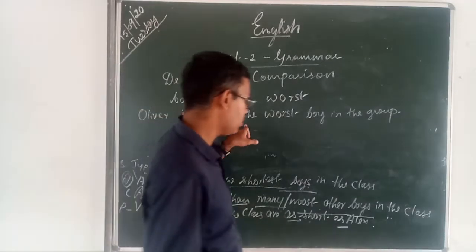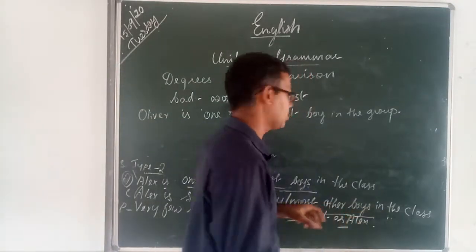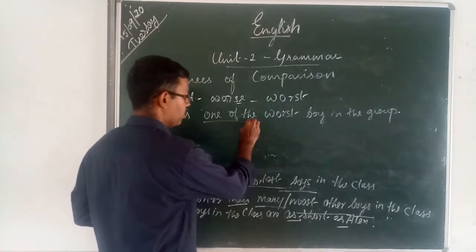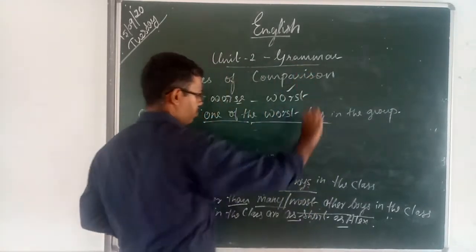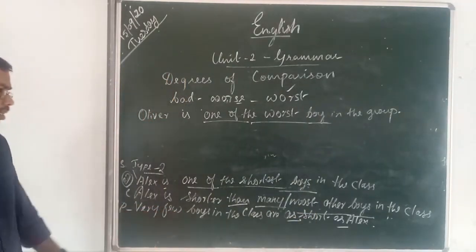Oliver is one of the worst boys in the group. This is important: one of the worst boys in the group.